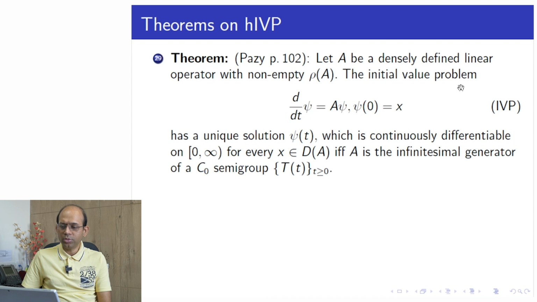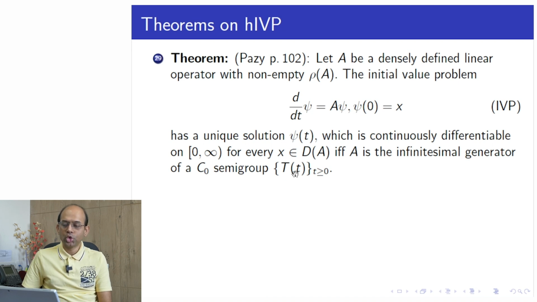The initial value problem d/dt psi = A psi, psi(0) = x, that IVP we call, has a unique solution psi(t), which is continuously differentiable on [0, infinity) for every x in D(A), if and only if A is the infinitesimal generator of a C0 semigroup T(t).